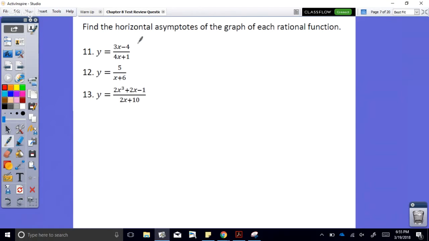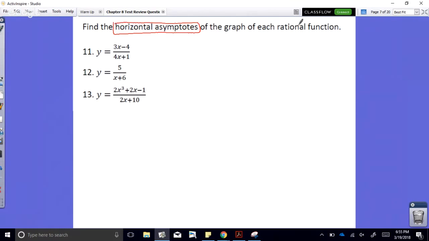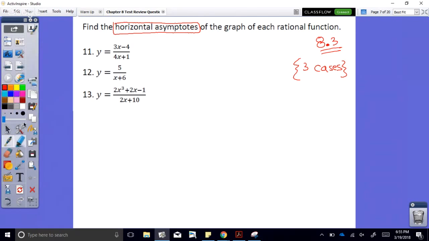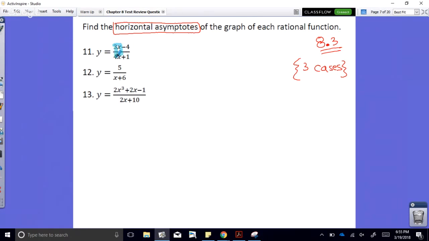Okay, the next few ask for the horizontal asymptotes. So again, if you're looking at your notes, this was a part of 8.3, I believe. There are 3 cases that we did for horizontal asymptotes. No matter which case we use, we said we're always going to compare the lead term.